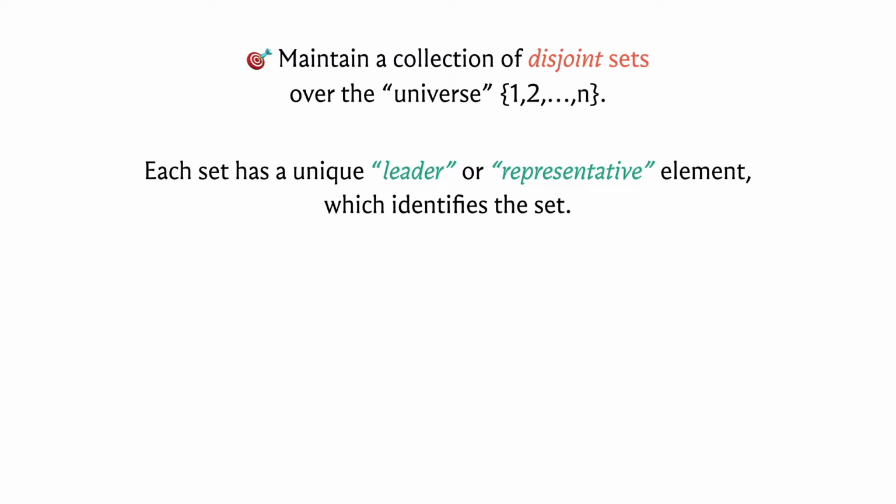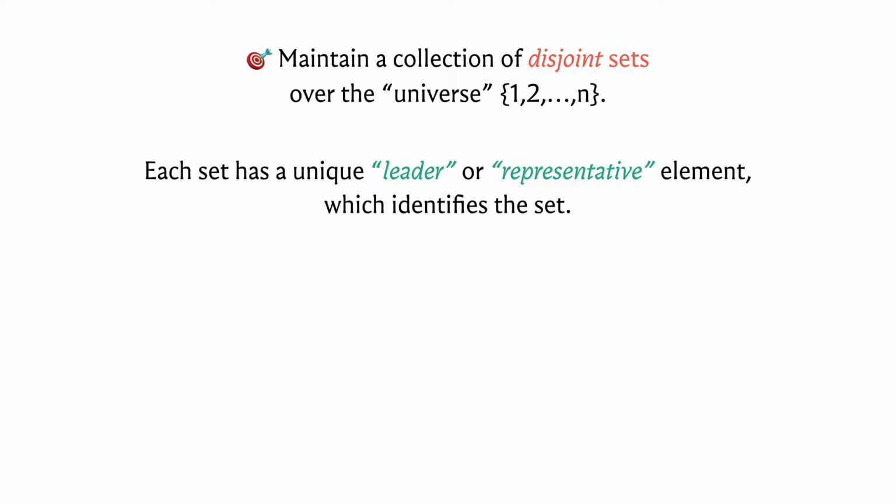So you can think of these sets as being packaged into boxes, and each box has a label, and that label is essentially the value of the leader element or the representative element. The leader element could be any element of the set, but what is important is that every set has exactly one of these. Since your sets are disjoint, the leader element completely specifies the set unambiguously. No element can be representing two sets because no element belongs to more than one set.